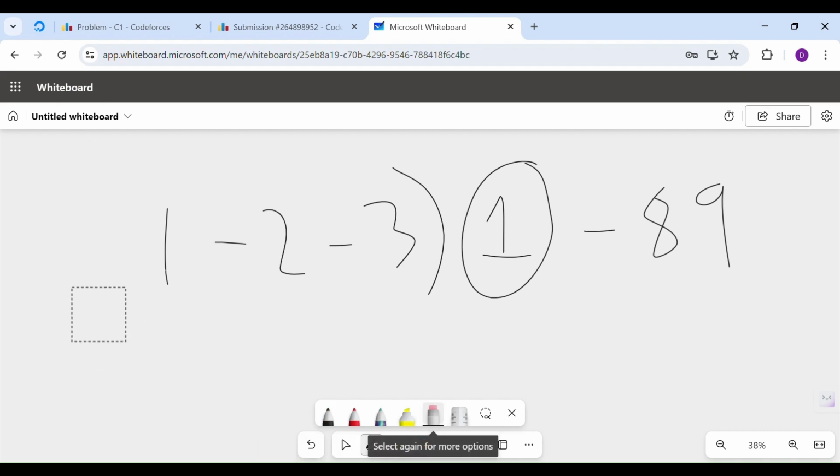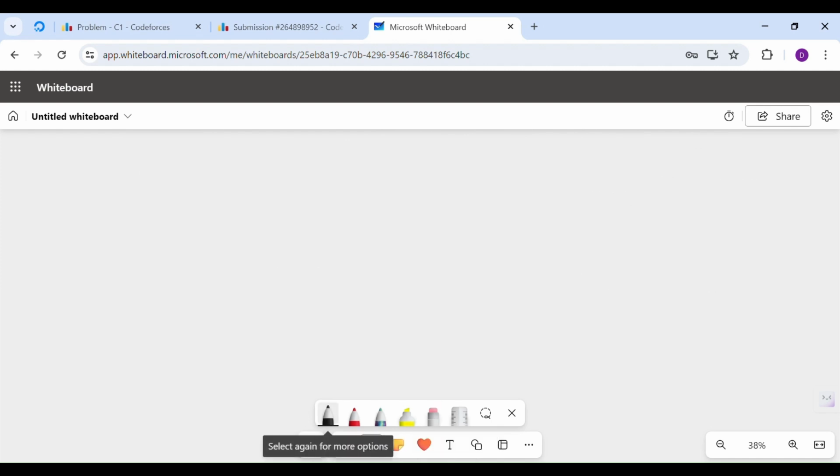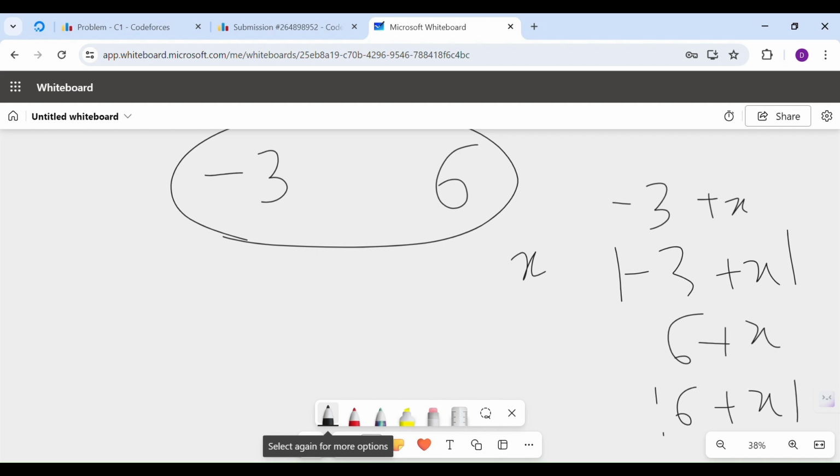Now I'll show you a greedy solution that works for all cases. Let's say you have two possible answers. This is your minimum possible answer up to your ith number, and this is your maximum possible answer up to your ith index, and you have some number x. So what will your cases become? -3 plus x, -3 plus x mod, 6 plus x, and 6 plus x mod.